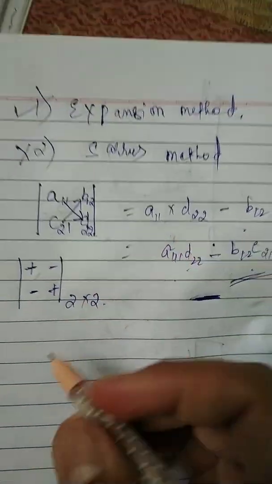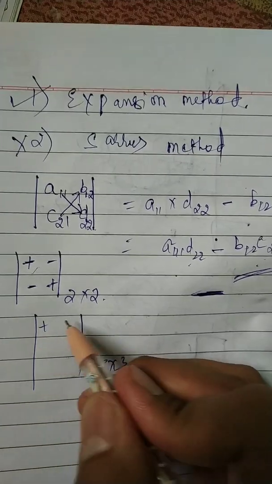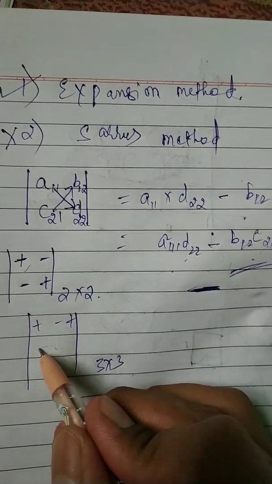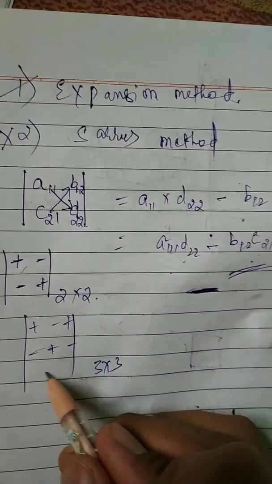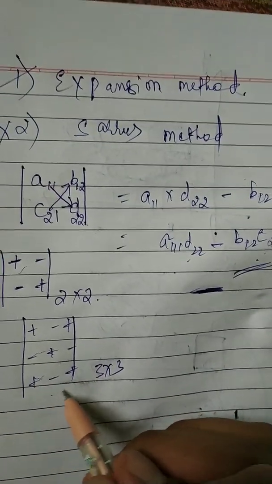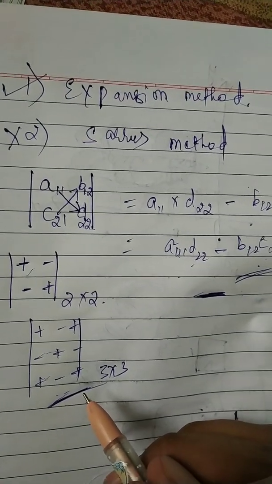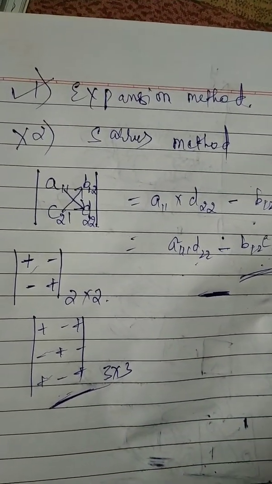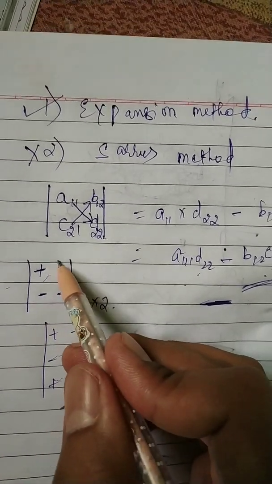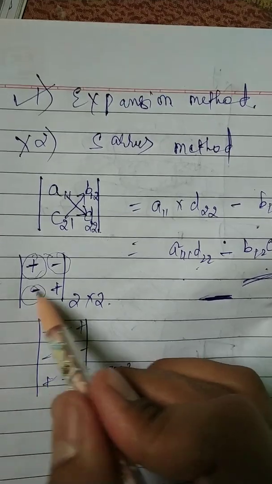And if it is a 3 cross 3 matrix, it is plus, minus, plus, minus, plus, minus, plus, minus, plus. This is the rule in which each element of a matrix has default signs like this. Remember this.